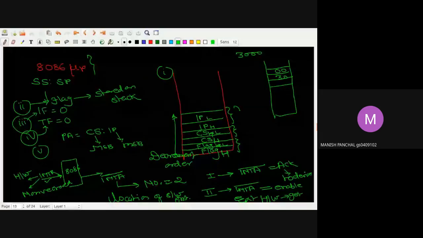With the help of the pop operation, it will get the normal program location. In this way, the interrupt will be served.